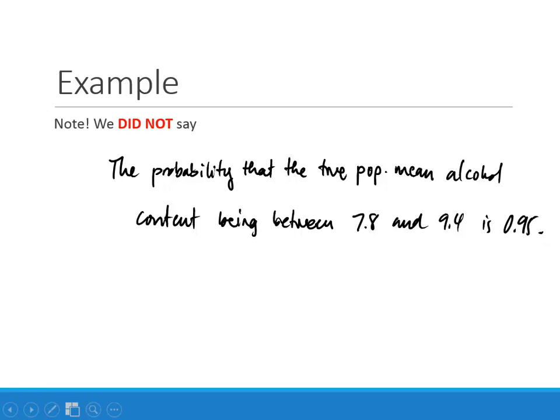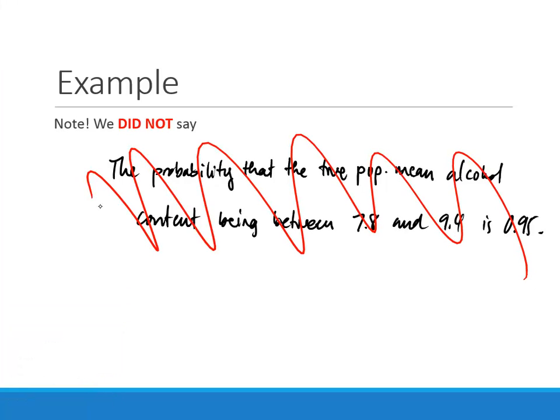I'm not saying that the probability that the mean is between these two numbers is 0.95. That is exactly the wrong way to interpret a confidence interval. So please never write that down. If you write that down on an exam, I might take off extra points.